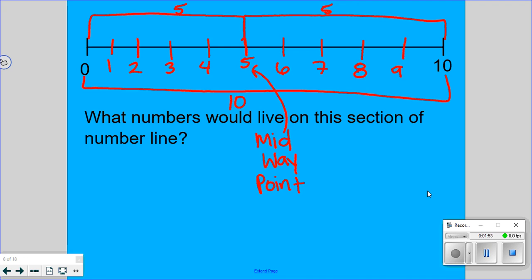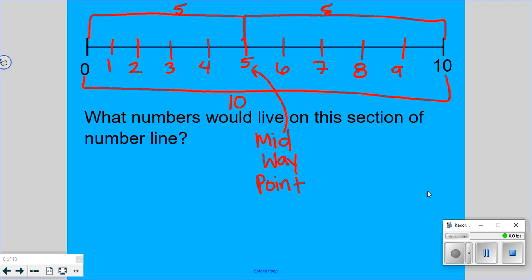Nope, not counting 0 to 10. Colby, what's the midway point? It's like a number that's in the middle of two numbers that separate two numbers. Yeah, we've made two groups. It's in the middle. What's the midway point from 0 to 10? What number is that? Tegan? 5. 5 is the middle of 0 to 10.